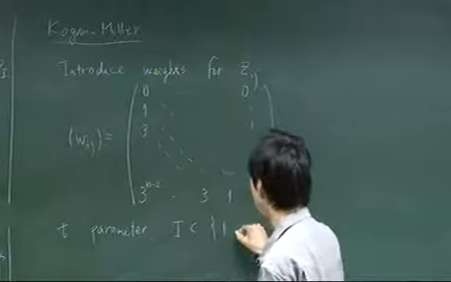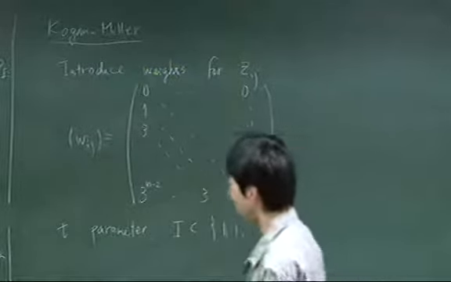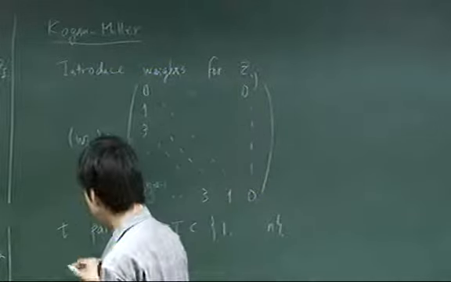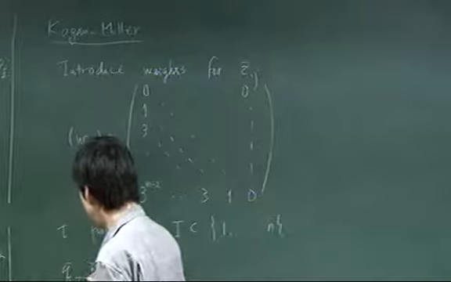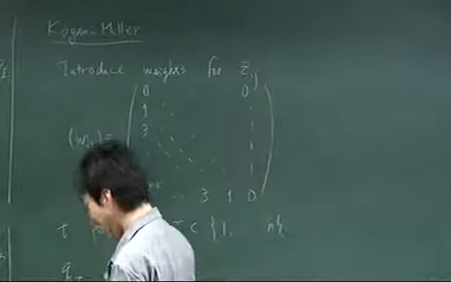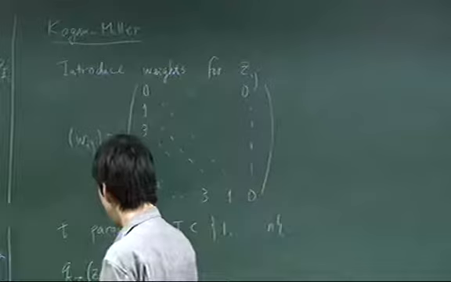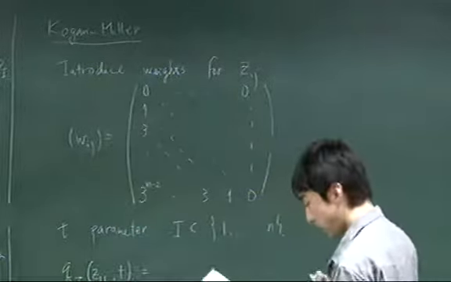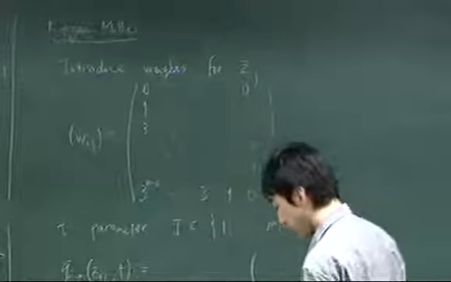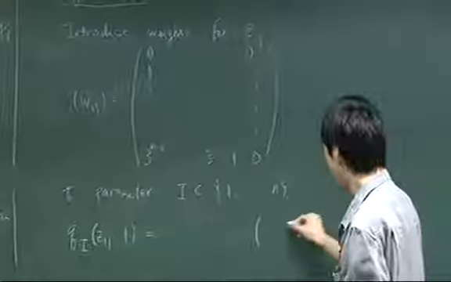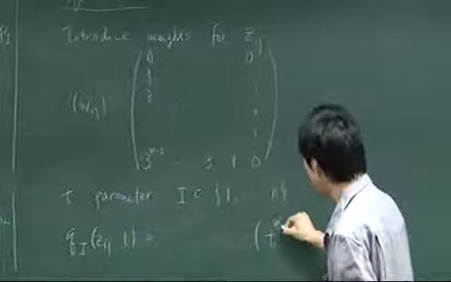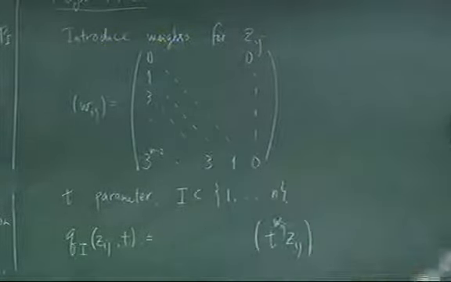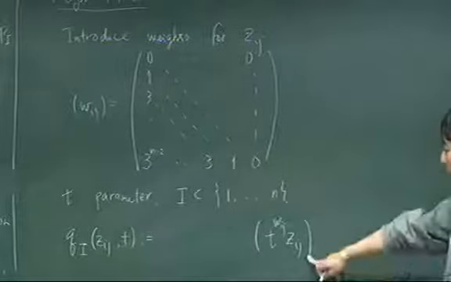We take a subset I of {1, ..., n}, and define the function q_I(z, t). We first consider this matrix.